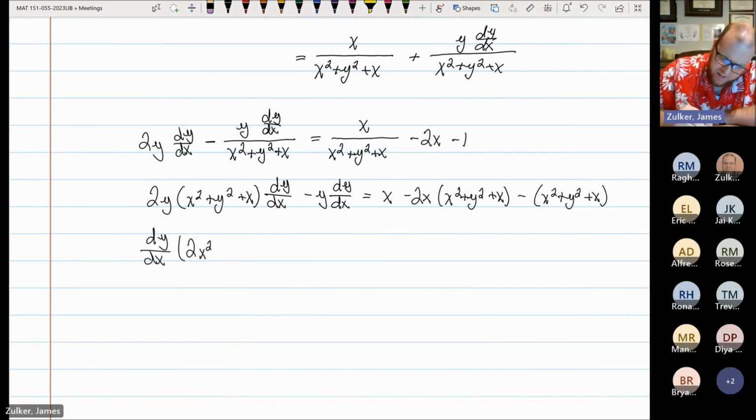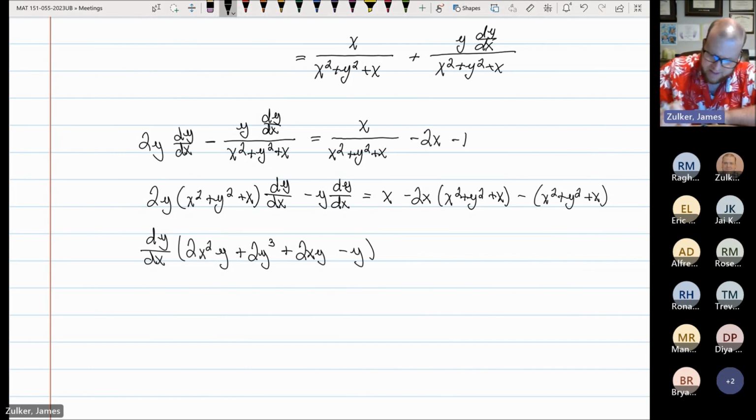Two x squared y plus 2y cubed plus 2xy minus y. That can't be simplified, bummer. Well, x minus x, that's going to simplify, so that's nice.